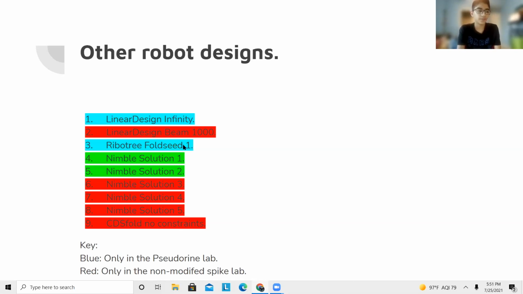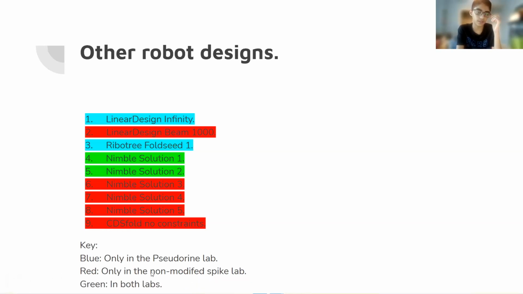We have Ribotree Fold Seed 1, which is only in the Pseudorian lab. And then we have Nimble Solutions 1 and 2, which are in both labs. There should be a green part of the key, but it got cut off from my view. Nimble Solution 3, 4, and 5 are only in the non-modified Spike lab. And CDS Fold No Constraints is also only in the non-modified Spike lab.